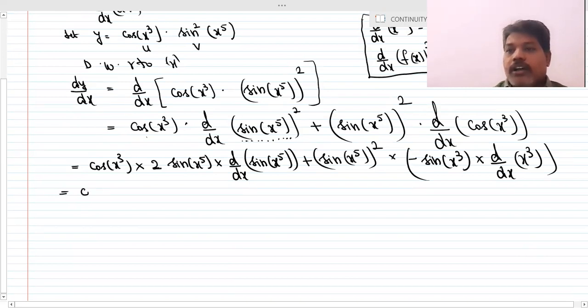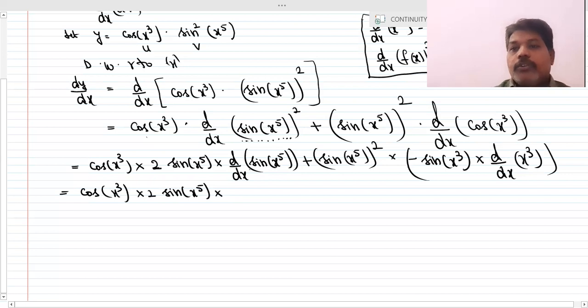That is cos of x cube into 2 into sine of x power 5 into, see this one, students, what is this? Derivative of sine f of x is cos f of x, but it is f of x derivative, so that is the derivative of f of x, which will become x power 5.